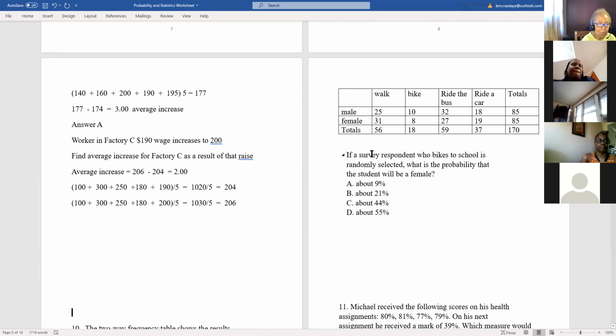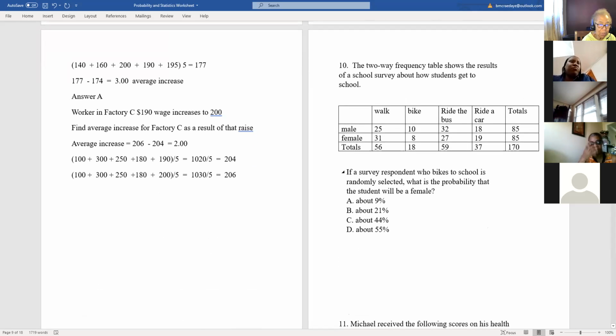If a person responds to your survey and bikes to school, what's the probability the student will be a female? You selected a person in the survey who bikes to school. What's the probability that that student will be a female?